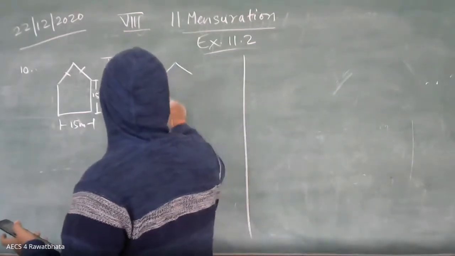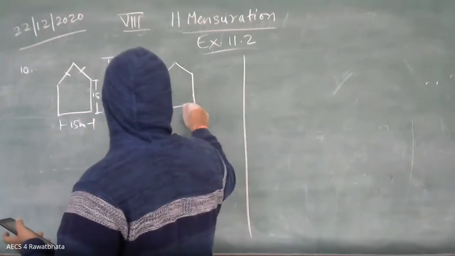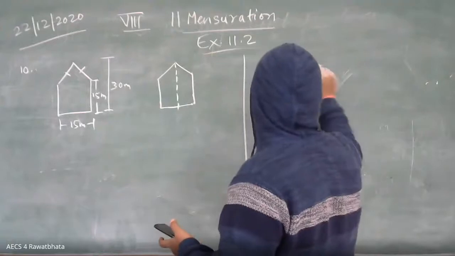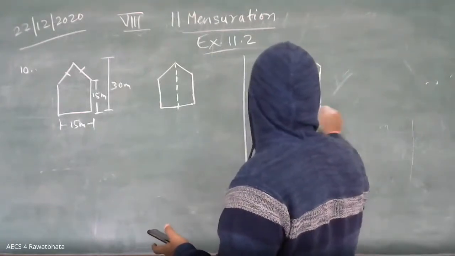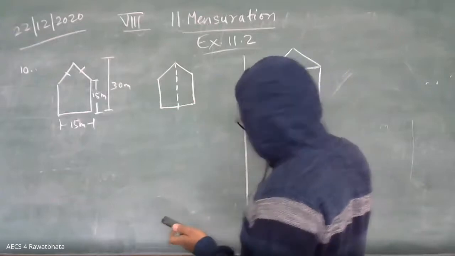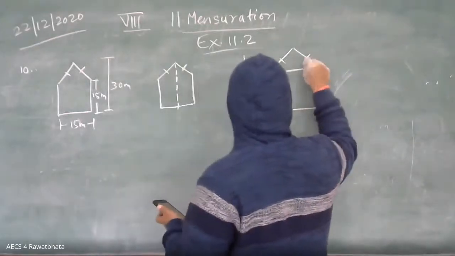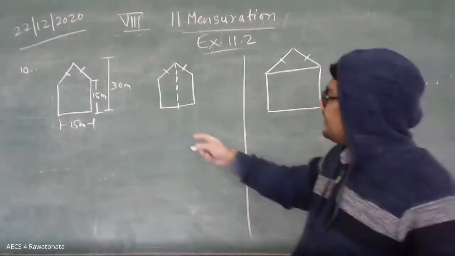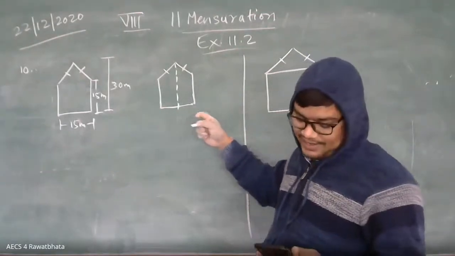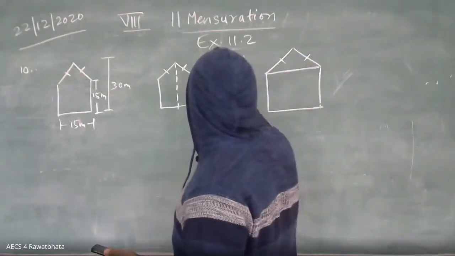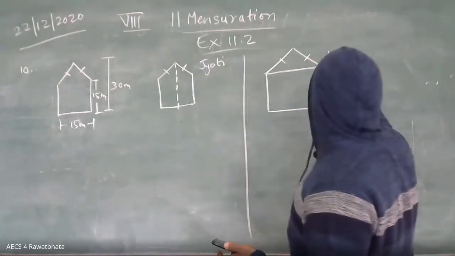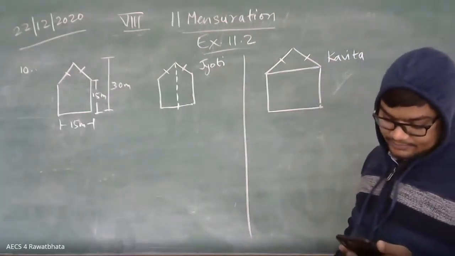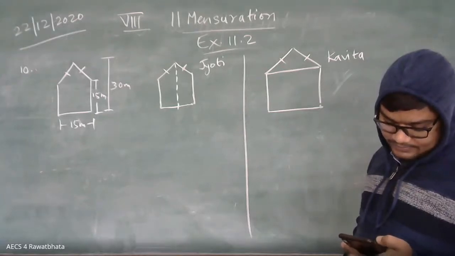Jyoti has divided this figure like this, and Kavita has divided the figure like this. We have to find out the area in two different ways.